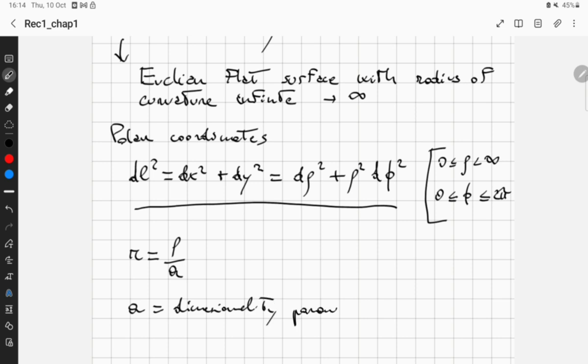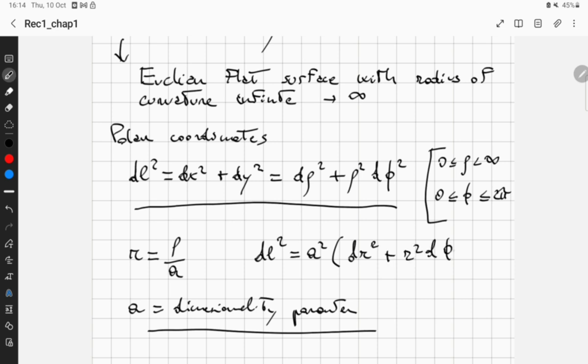A is a dimensionality parameter, which we will define better later. This enables us to write the metric as such: dl square equals a square times dr square plus r square d phi square.